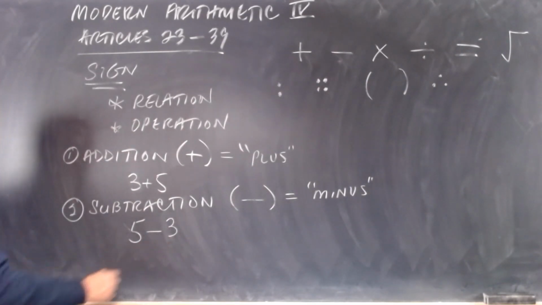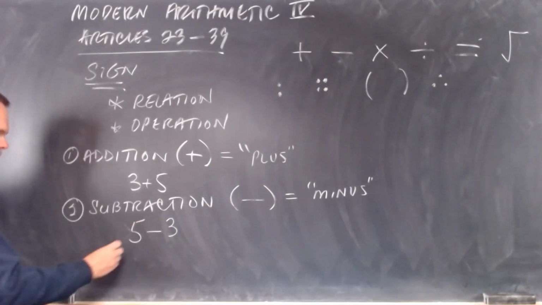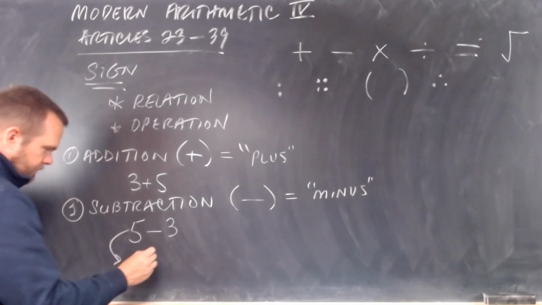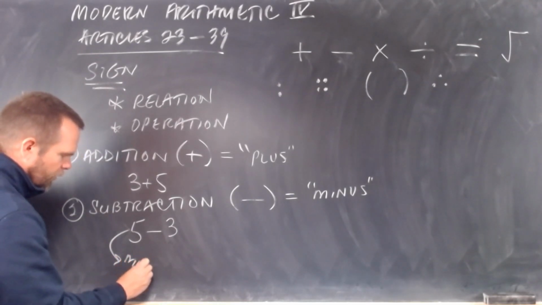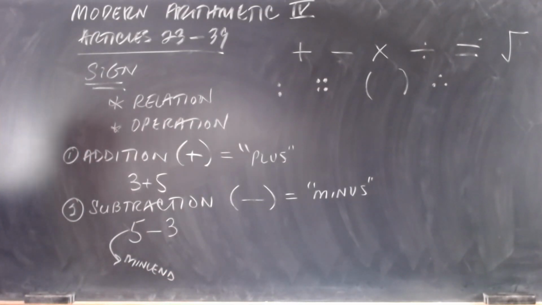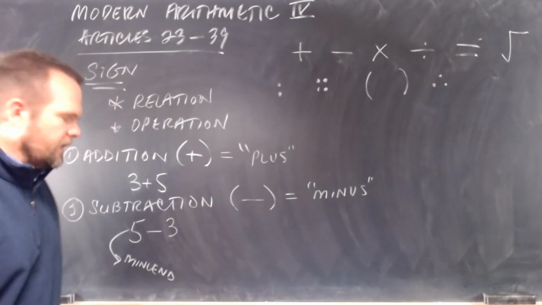When we write a subtraction problem or an expression of subtraction, this first number is called the minuend. I'd like you to learn this. Minuend, in Latin, means the number which is to be diminished.